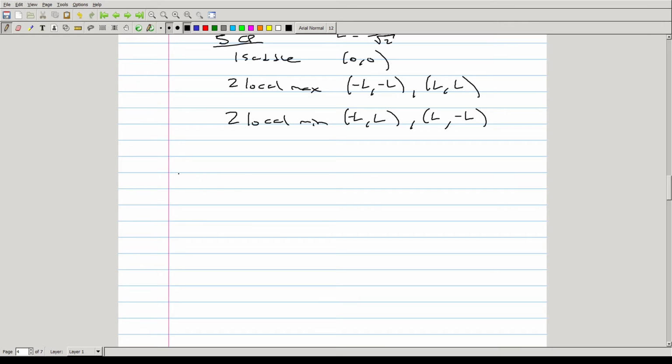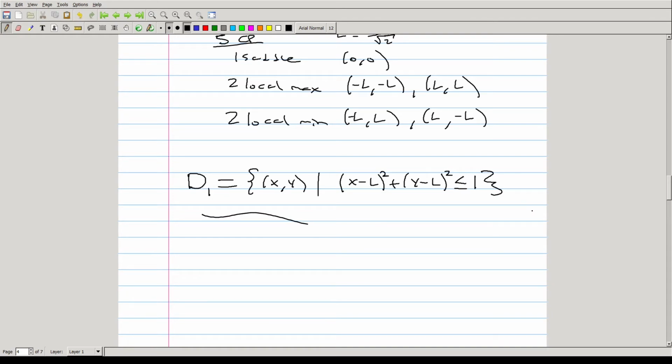For instance, if we pose an optimization problem finding the global max and min over some domain D1, where D1 is the set of all points x, comma y, such that x minus L squared plus y minus L squared is less than or equal to 1.